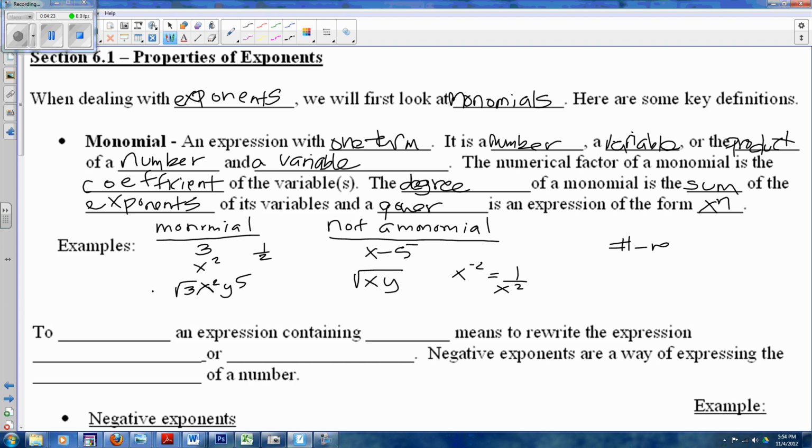The numbers are real numbers, so that works. The variables have to have positive integer exponents. Okay, in the numerator, we can't have them on the bottom.